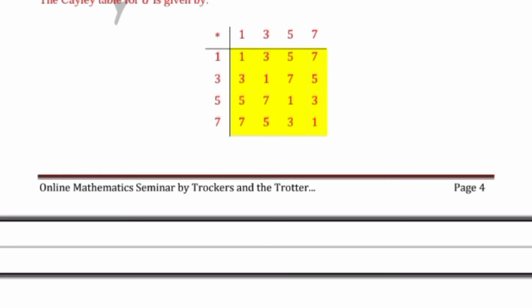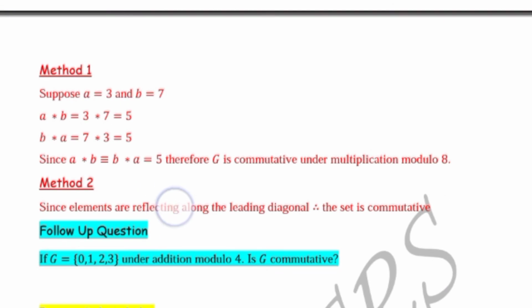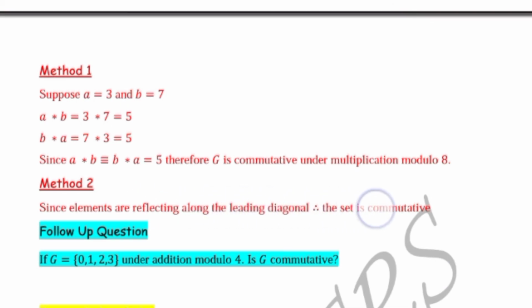For example, 3 here is reflected to 3 here, 5 here is reflected to 5 here in the major diagonal, then this 7 is reflected to this 7 here. This 7 is also reflected to this 7 here. 3 is reflected to 3 here. Therefore, since elements are reflected along the leading diagonal, the set is commutative.